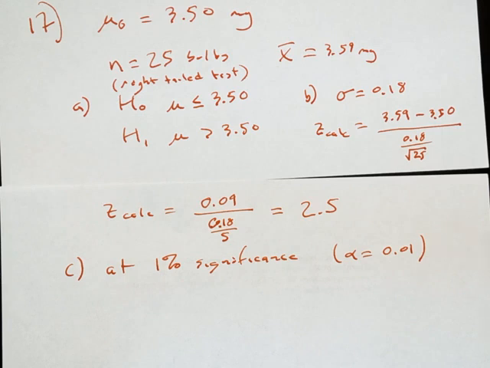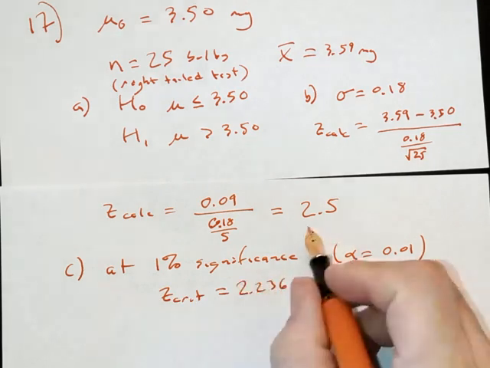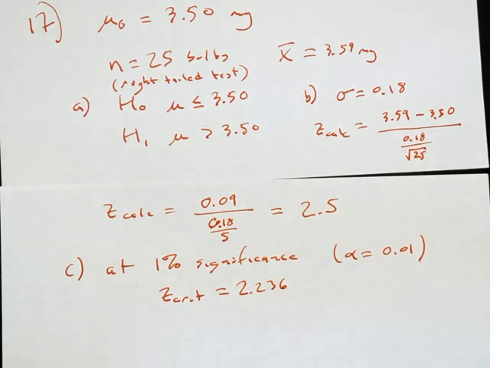So at alpha is 0.01, I need to know what's the critical value. That's off the table we just looked at, 2.236. Our value is too big.